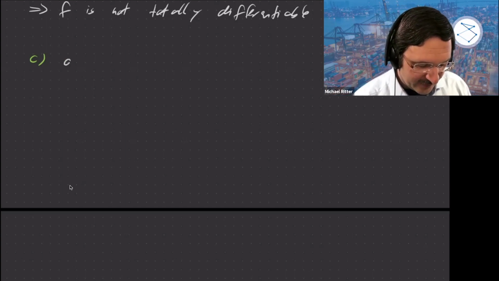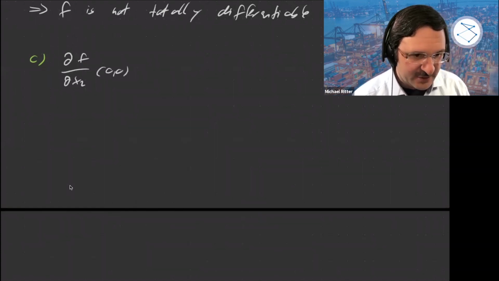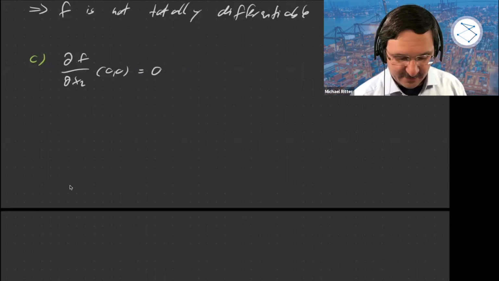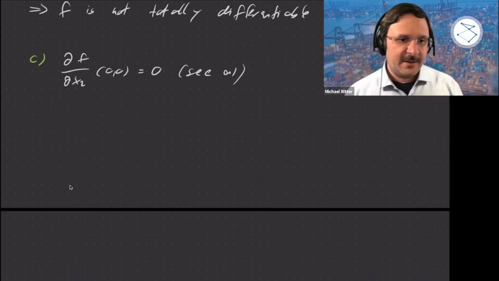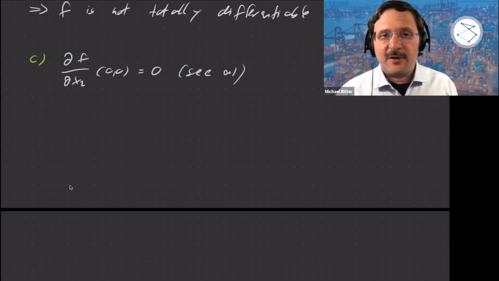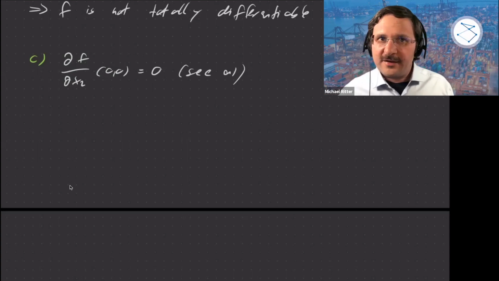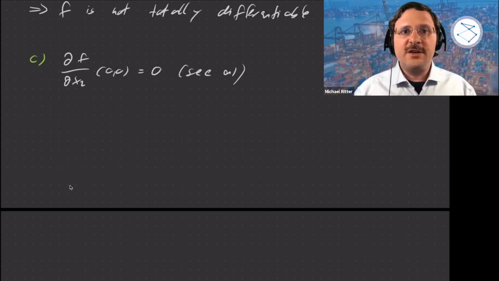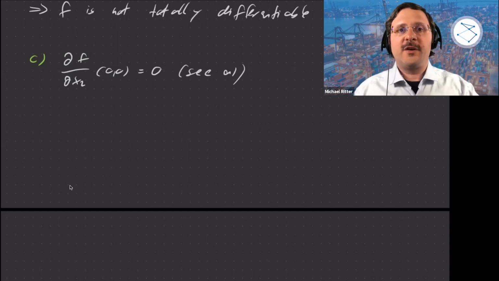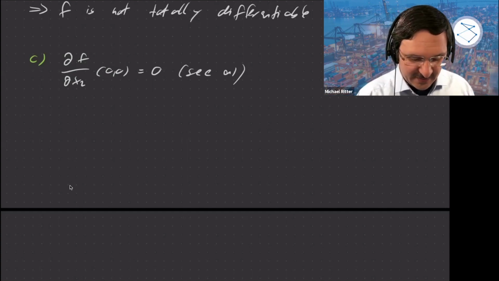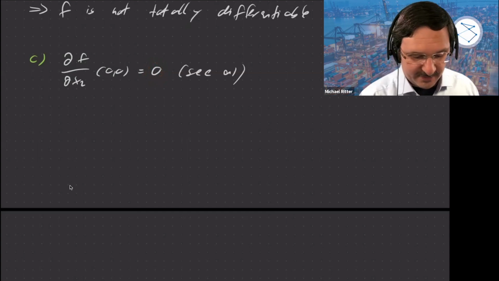So we already know that df by dx2 at the origin has a value of 0. We've computed that before. See part A, I think that was. And now we need to have a look at that function outside of the origin and then see if that function is continuous at 0. So if the limit as we go towards the point 0 really becomes the function value, which is 0 at that point.